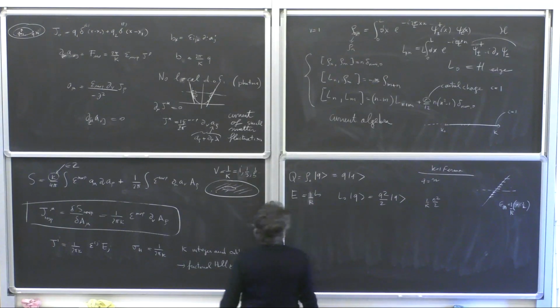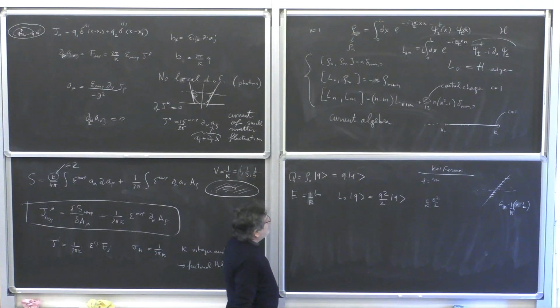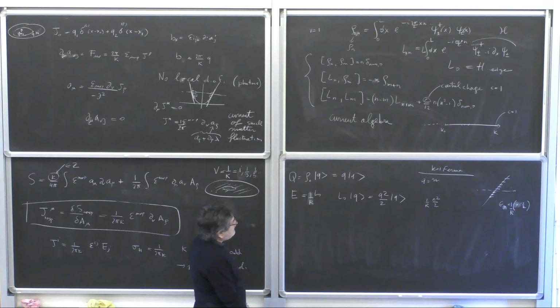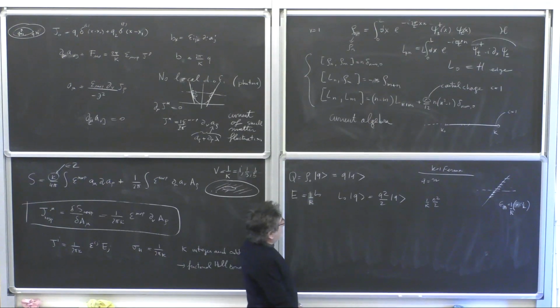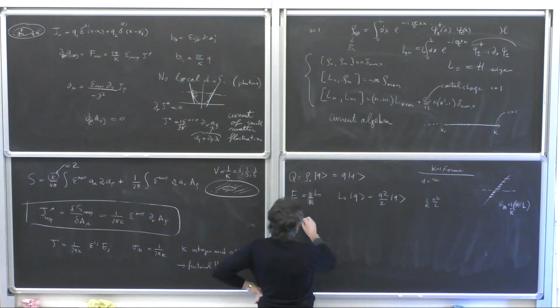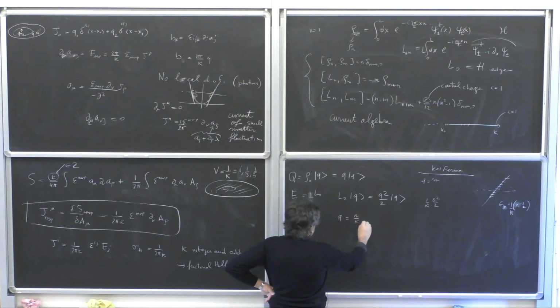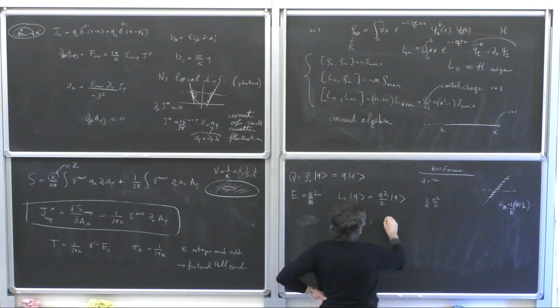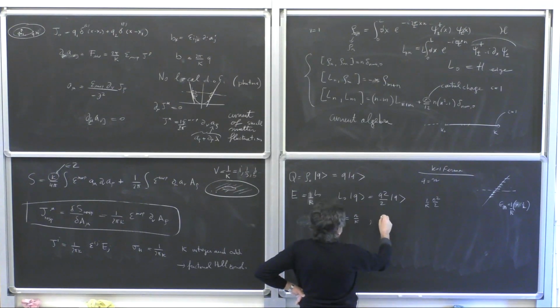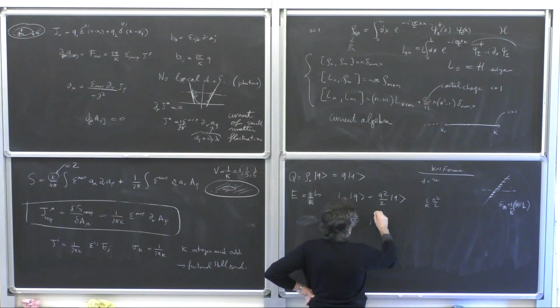In general, for general K, the spectrum is different. The spectrum depends on K. It's still a critical line, but the spectrum depends on K. And for general K, the possible values of Q are n over K, and the possible values of L0 are n squared over 2K.